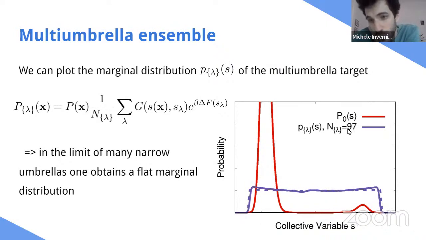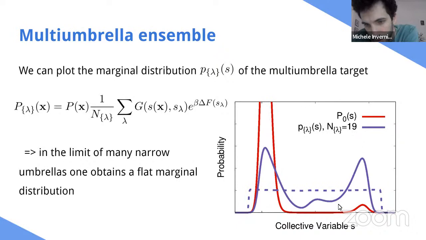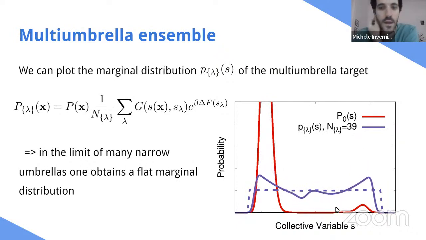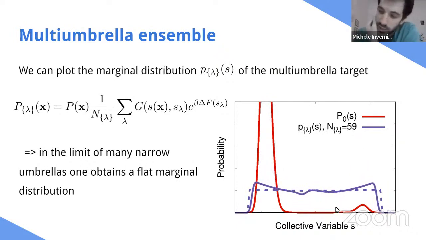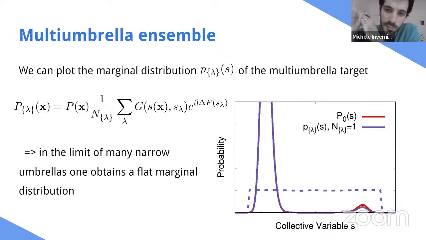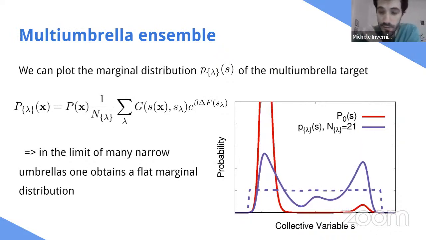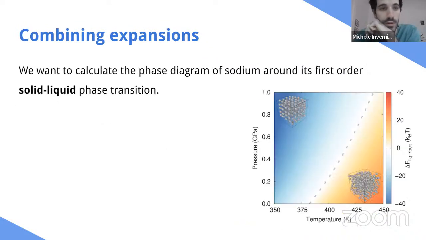But usually you stop at a much smaller number of umbrellas, and you sample something that is in between. What you care about is just that the probability of going from one basin to the other is non-zero. So this is just to say you can sample along a collective variable with expanded ensembles. It's just a slightly different way of doing it.